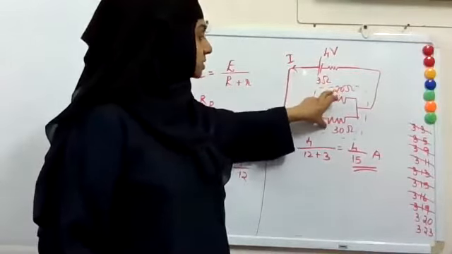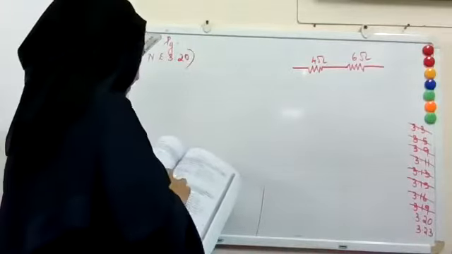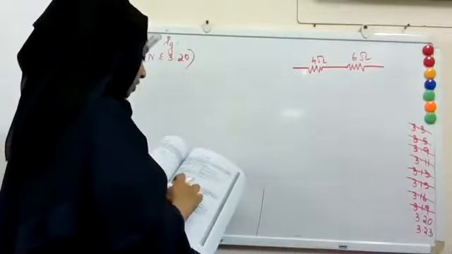So two resistances, 4 ohm and 6 ohm, are connected in series. So there are two resistances, 4 ohm and 6 ohm, connected in series with a cell of EMF 2.2 volt and 1 ohm internal resistance. So you have a cell here of 2.2 volt and 1 ohm internal resistance.